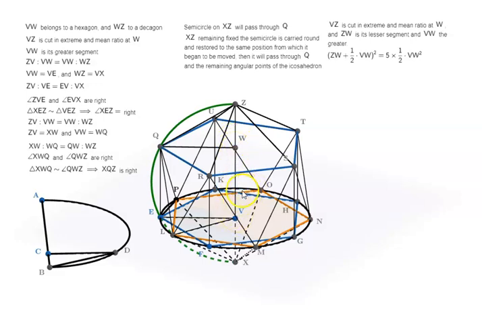Now, based on one of the previous propositions, we can say ZW plus half of VW, which means we have to take the midpoint of VW. So A prime is the point which bisects VW.